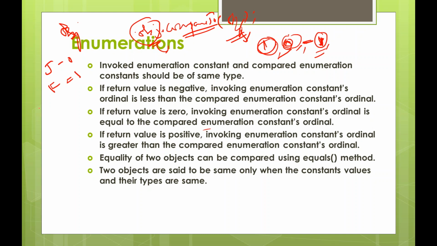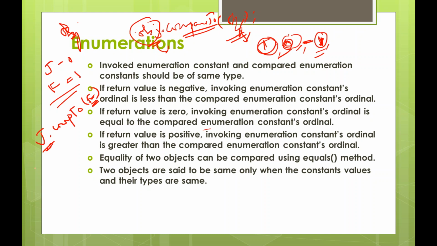Let us take another example. When you try to invoke Jan dot compareTo of Feb, these are all constants. I'm a bit lazy to write all these things, so that's why I'm taking J and F.